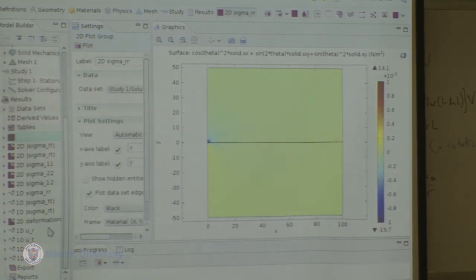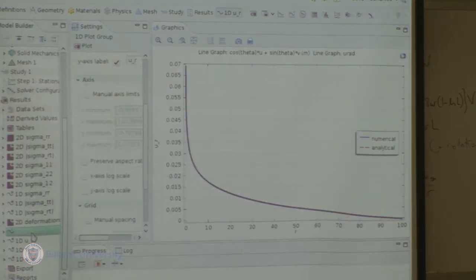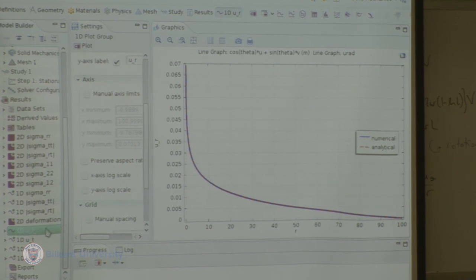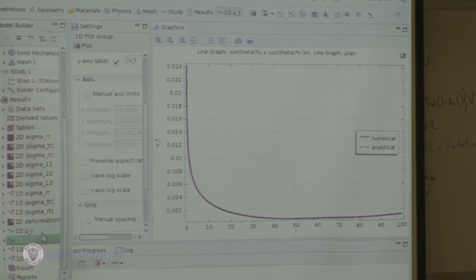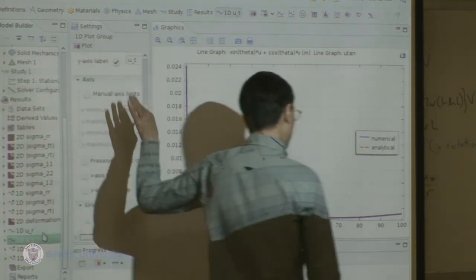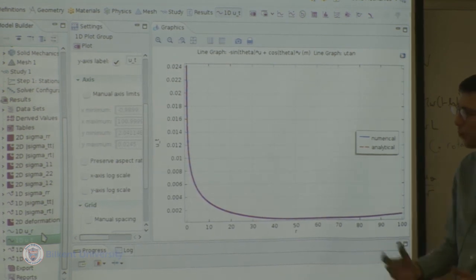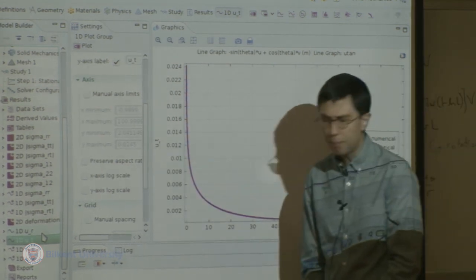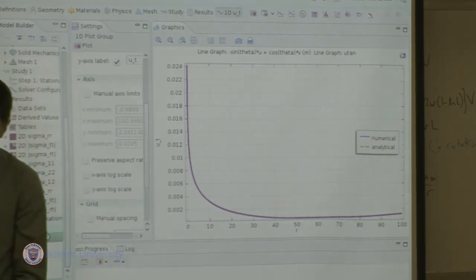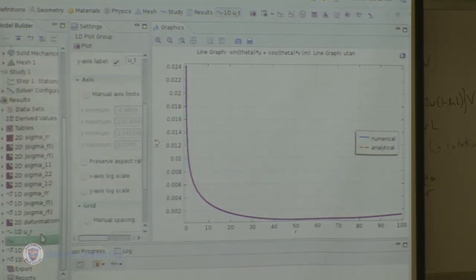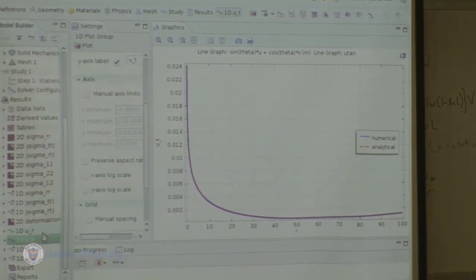What I'd like to show you, right, is the displacement field. Okay? So for the displacement field, I always, of course, have a condition on UR and the rotation, but there is no condition on the displacement field at the end. It's not a problem where I have some prescribed end effect or end condition. So this is what you have to be careful about when you want to do a comparison with a numerical solution.